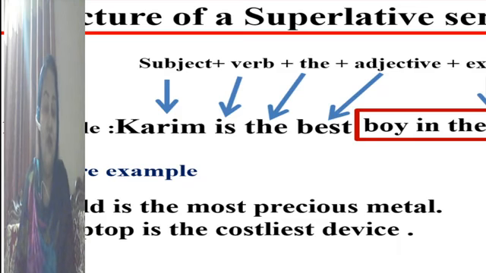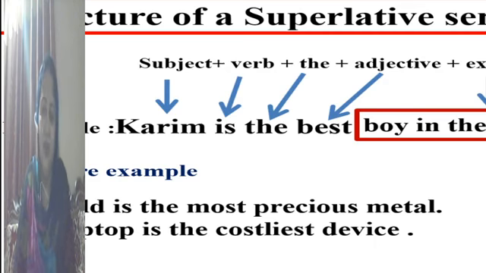Look, the word precious, we divide it into 3 syllables. So it is trisyllabic, and we add most before the adjective because of the 3 syllables. So gold is the most precious, and we add metal to complete the sentence.